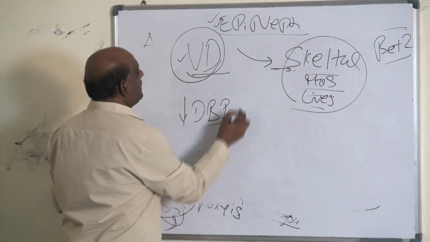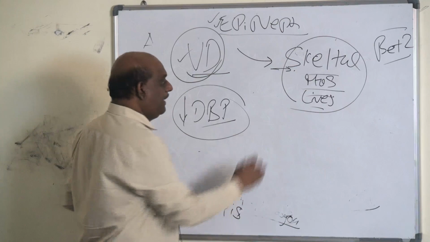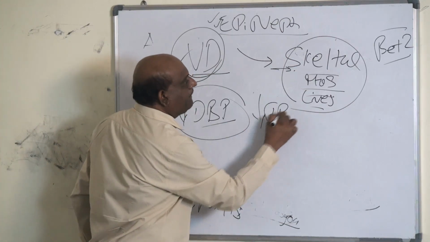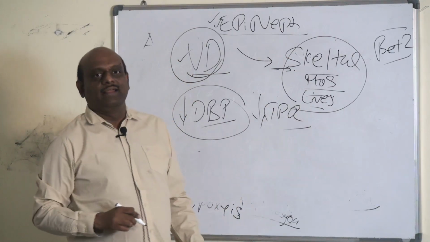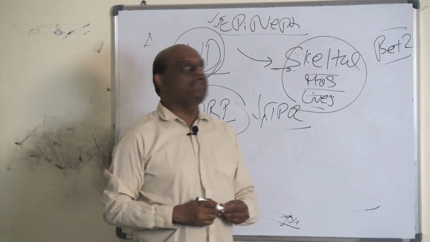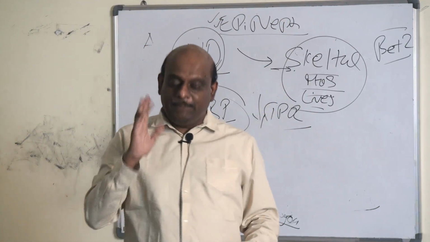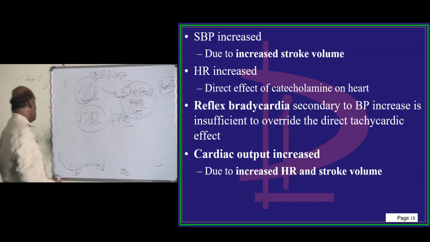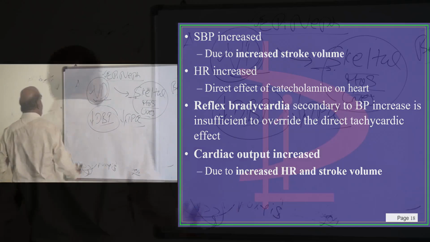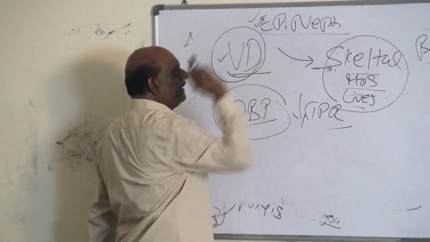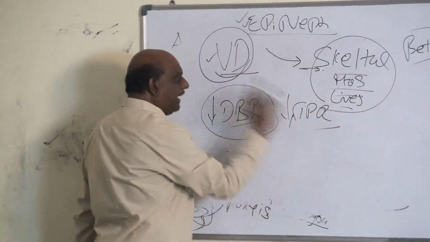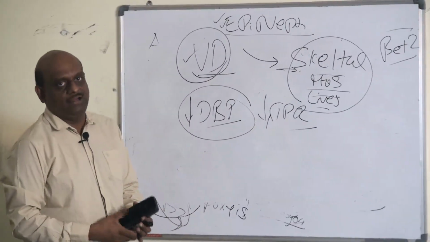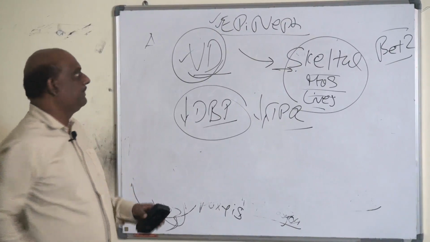So the net effect is a fall of diastolic BP and a fall of the total peripheral resistance, which is what you have to remember about epinephrine's effect on the vasomotor tone. So diastolic BP falls if epinephrine is given, beta 2 stimulation, and there is also a fall of TPR. You are not going to forget.